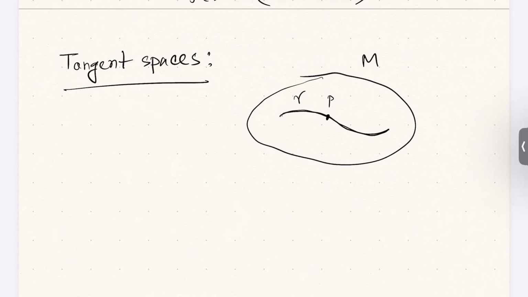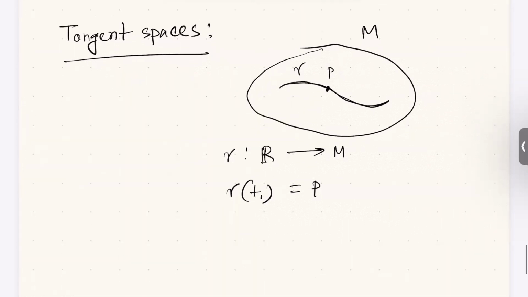We can always consider curves as functions from the set of real numbers to the manifold, right? And gamma at a certain t naught has to be the point p on the manifold.